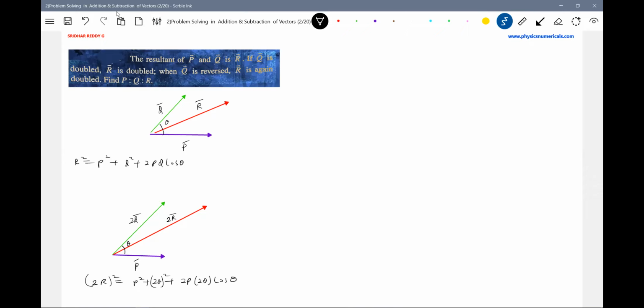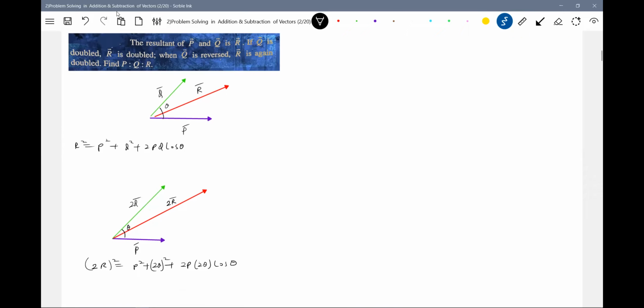Let's expand this. The expansion will be 4R square equals P square plus 4Q square plus 4PQ cos theta. Let me call the first one equation 1, and this one equation 2.